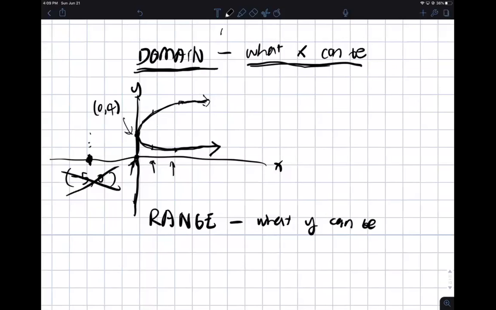It wouldn't just be 0 to infinity, because this thing is going on forever and ever, and it's stretching out, right? Yes. So that means the range is all possible numbers. Does that make sense? Kind of. Okay.